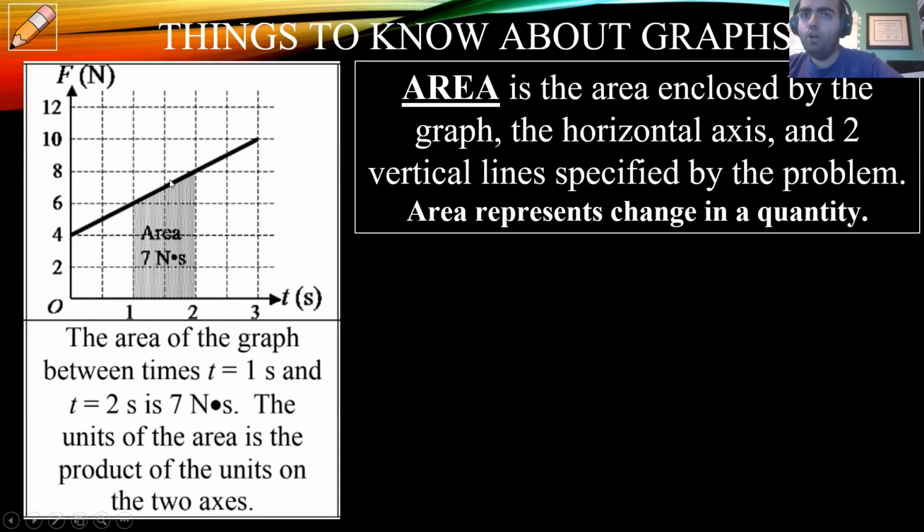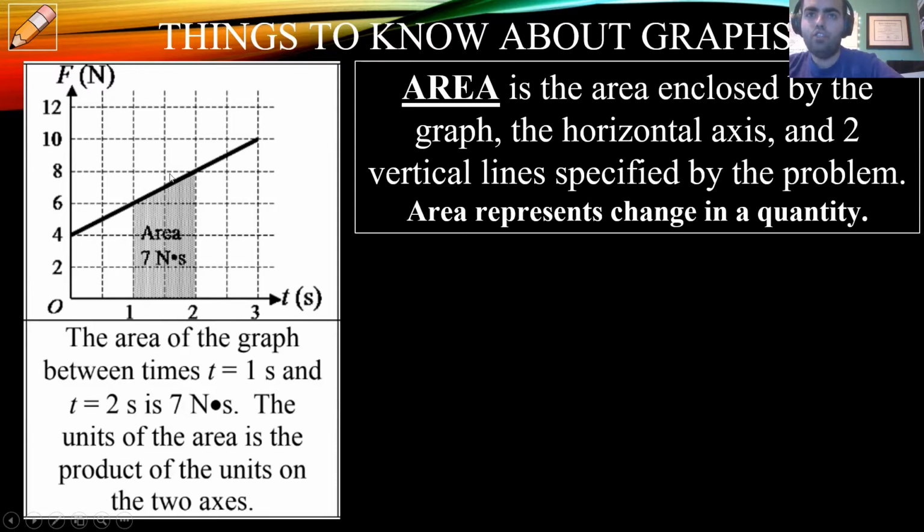It's enclosed by the graph, which is the solid line, enclosed by the horizontal axis, and then enclosed by vertical lines based on the starting point and the ending point, starting at t equals 1 and ending at t equals 2. If you add up all of these squares, there's 1, 2, 3, 4, 5, 6, and then this right here ends up being 1 square.